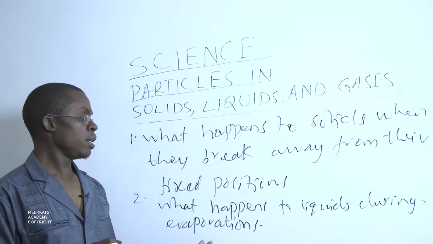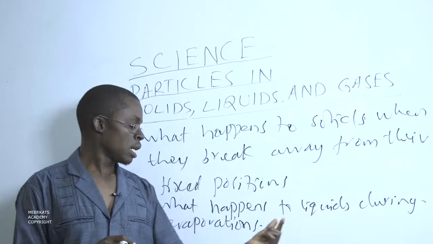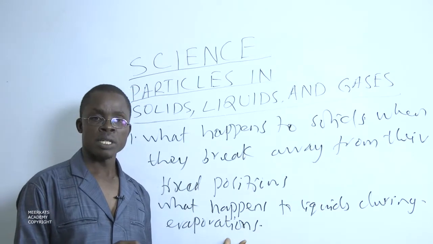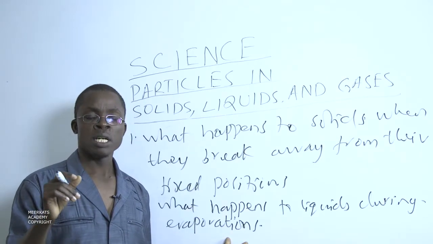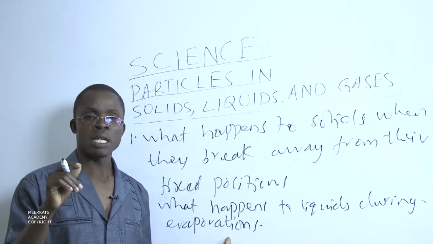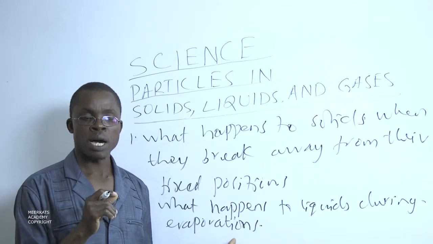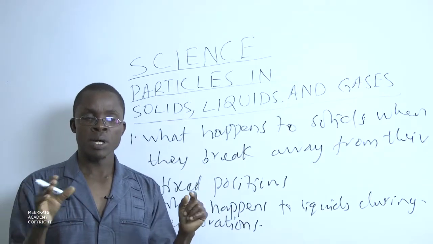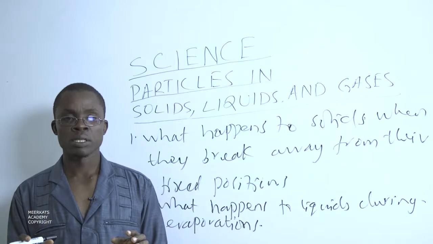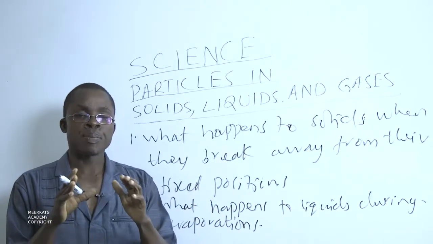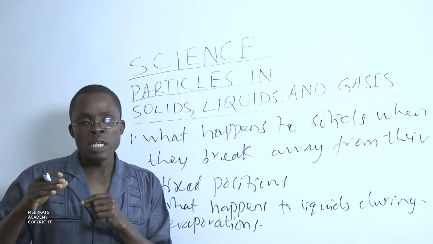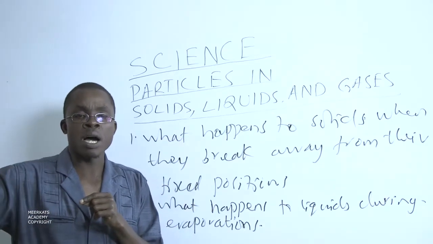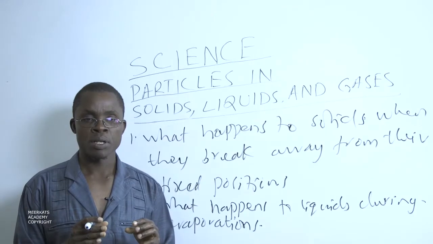So when a liquid is undergoing evaporation, the forces holding the particles in a liquid are weakened and broken, so that the particles can be free to move a little bit far away from each other.